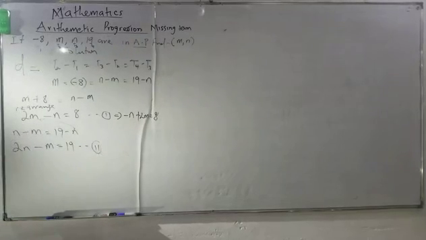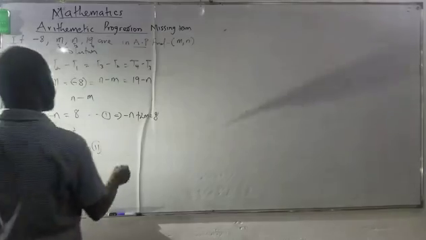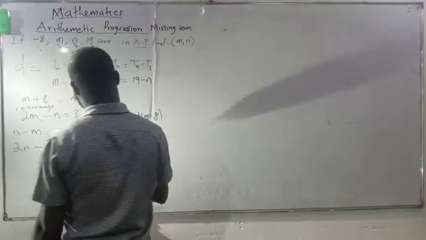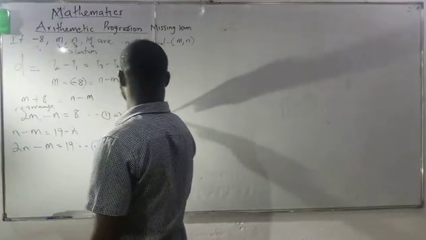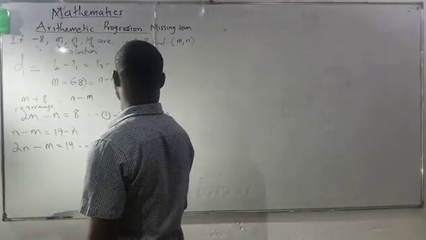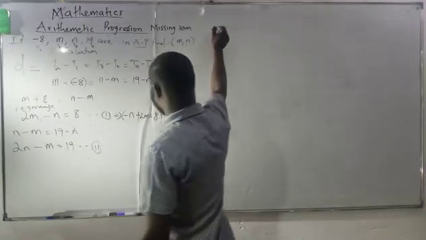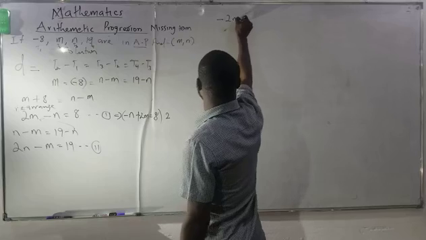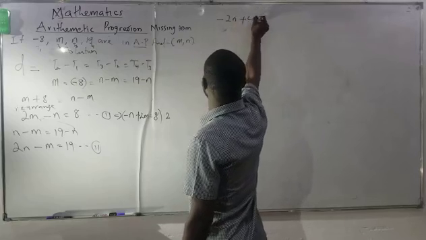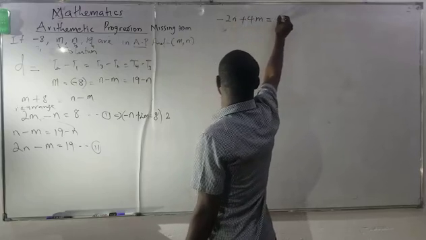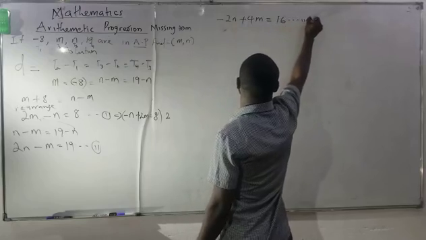Now, can I subtract? I will decide to multiply the equation by 2. If I multiply, it means I'll be having minus 2n plus 4m equals 16, equation 3.